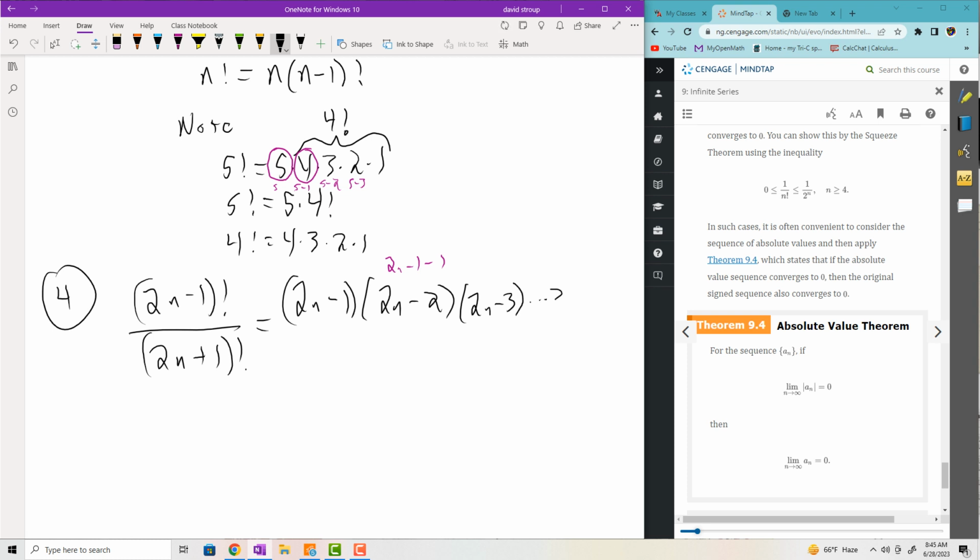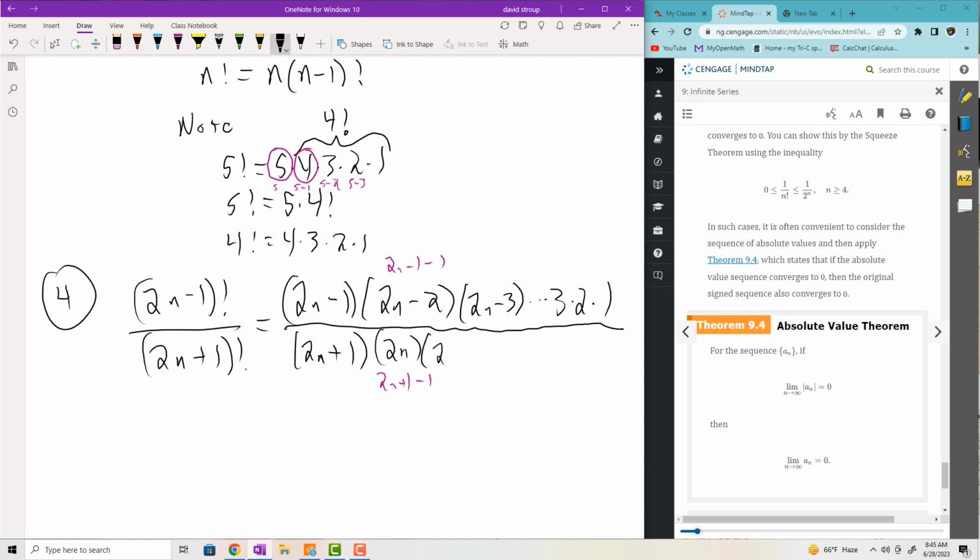They always end in 3 times 2 times 1, unless you have something less than 3 factorial. Like 2 factorial does not end in 3 times 2 times 1. And the bottom, you do the same thing. So you have 2n plus 1, and then you just keep subtracting off 1, right? So 2n plus 1, and then I subtract 1. That's just 2n.